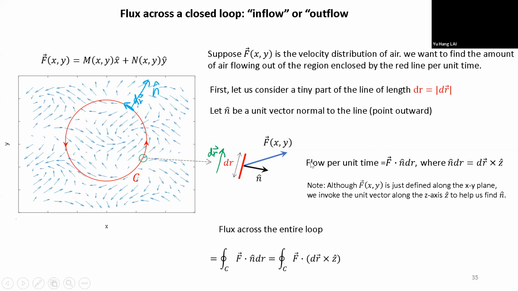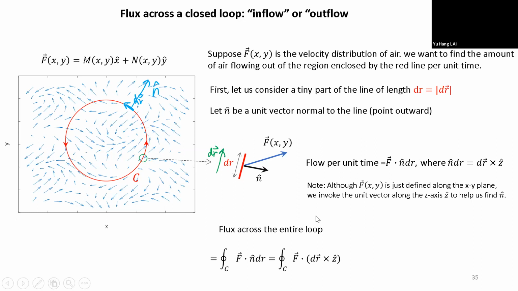So this is my flow per unit time. Now if I want to find the flow per unit time across the entire boundary, I call that flux. There's a name for it: when you learn about electric field Gauss law, you have this flux of electric field. So this is the flux across the entire loop.